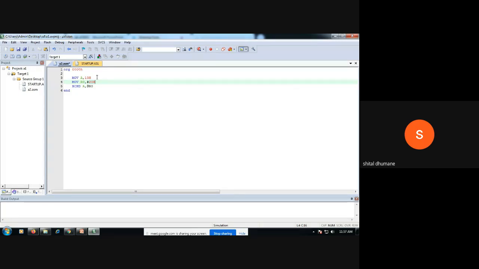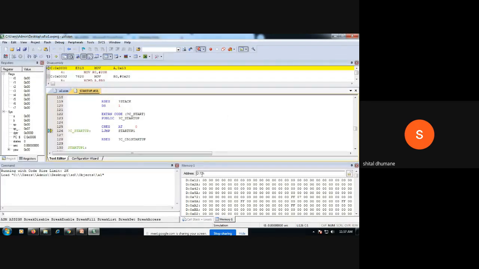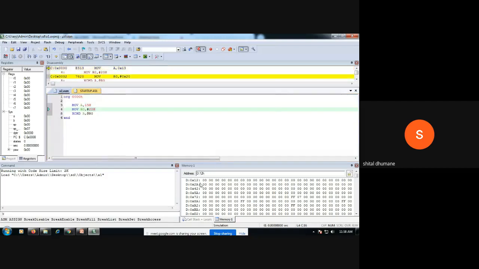When we get the memory window, there we will store the data at 20H and then execute the next instruction, XCHD. I will take some data, 67.